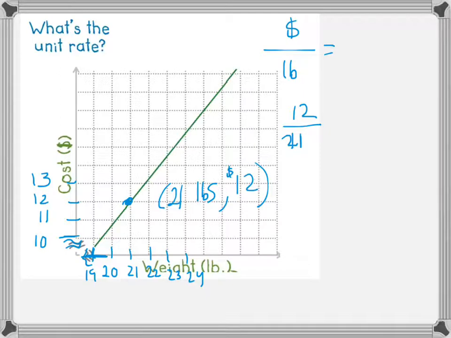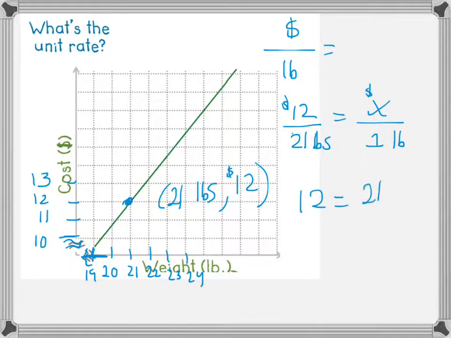If it's $12 over 21 pounds, I'm wondering how many dollars it's going to be for X pounds. Sorry, for 1 pound. So 12 times 1 is 12, and that's 21 times X. So divide by 21.